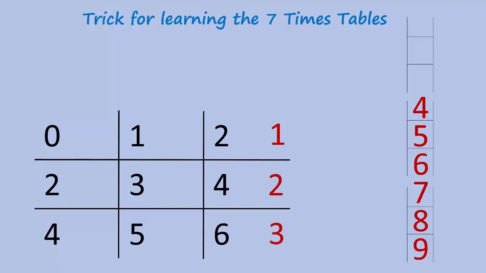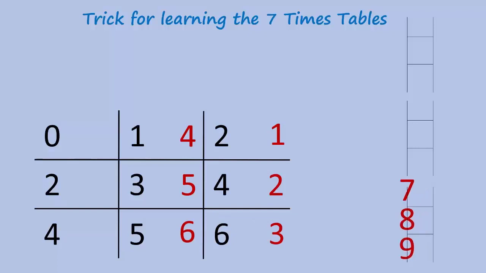We've made the numbers 21, 42 and 63. The next 3 numbers 4, 5 and 6, we're going to do the same with those but put them into the middle column. So we have the numbers 14, 35 and 56. And with the final 3 numbers 7, 8 and 9, now we have the numbers 7, 28 and 49.